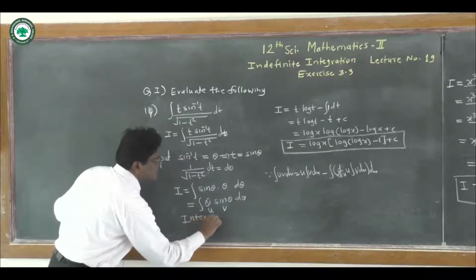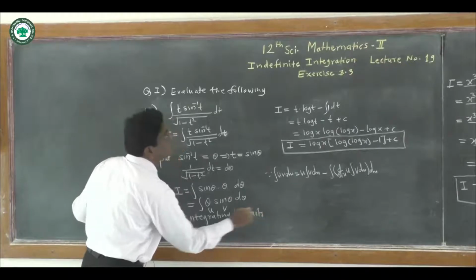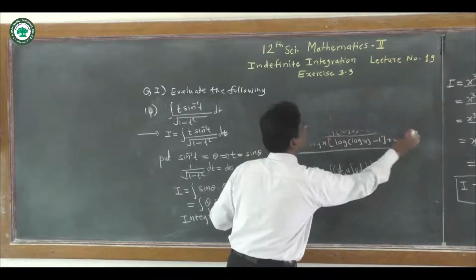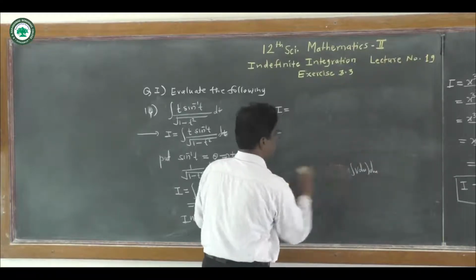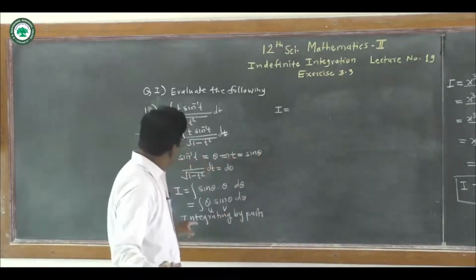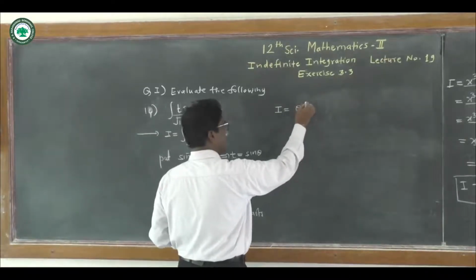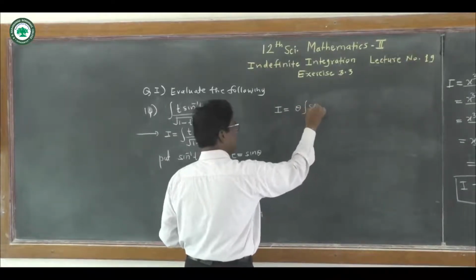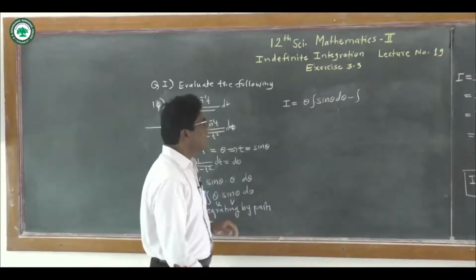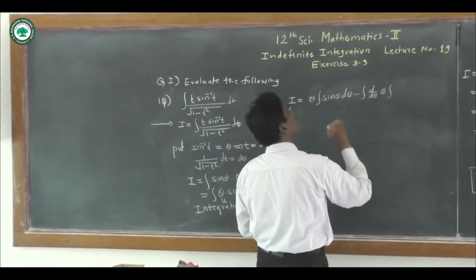Therefore the required integral I is equal to first function, that is u theta, into integration of v, sine theta d theta, minus integration of derivative of first function, d by d theta of theta, into integration of v.